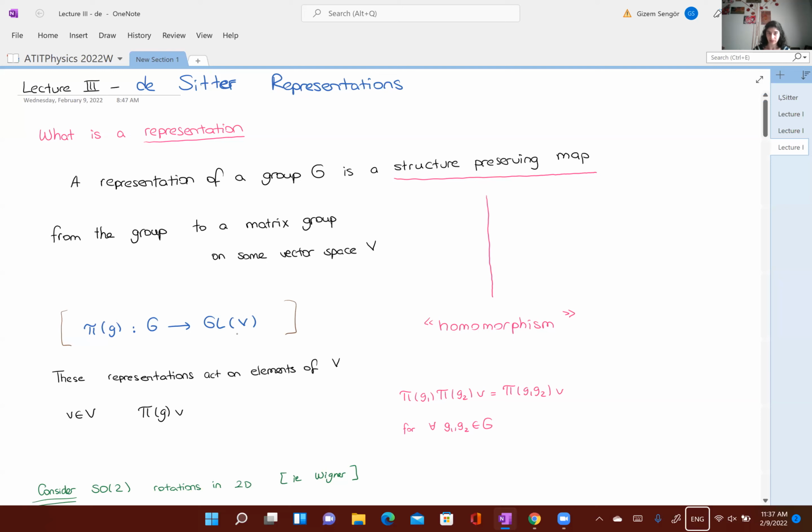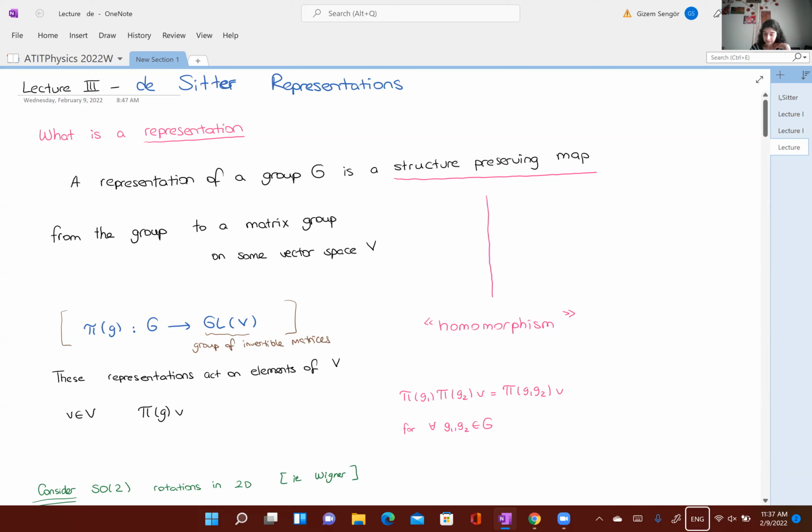They're invertible matrices, and they themselves form a group. That's what this GL(V) is, a group of matrices. But let me warn you from the beginning, these matrices do not need to be finite dimensional. They can have an infinite number of rows and columns, so to say.